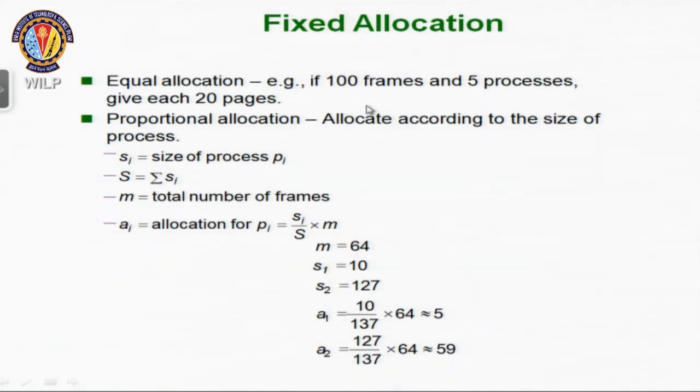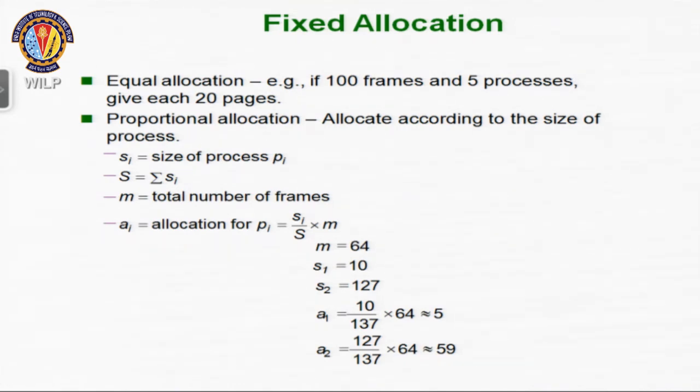But then there is a possibility that one of the processes only requires 1 page, whereas another process might require 30 or 40 pages, because that particular process is a large process. In case of an equal allocation, we can clearly see that one process will be allocated pages which it will never use, so there will be underutilization, whereas another process would suffer because it is not allocated enough pages.